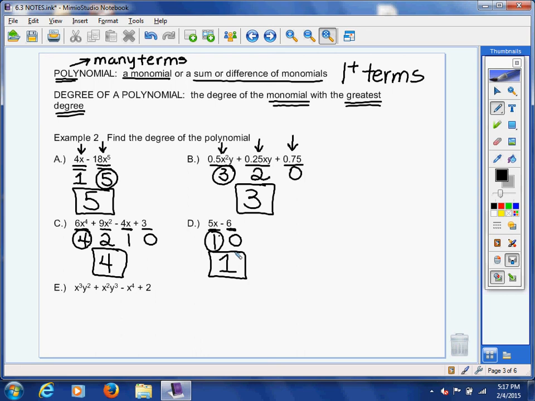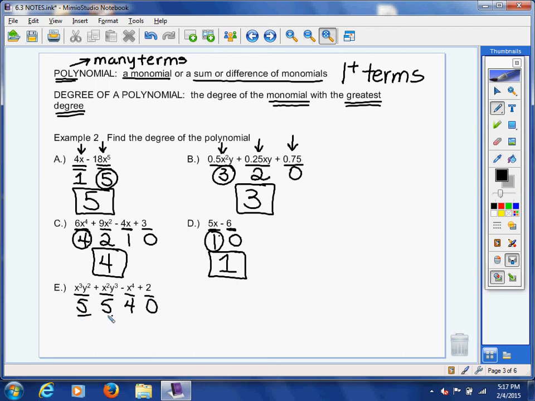All right, let's look at letter E, our last one here. So we've got 1, 2, 3, 4 terms in our polynomial. Let's figure out the degree of each of these. Let's start here. 3 plus 2, yep, that's 5. 2 plus 3, yep, that's still 5. This one's a 4, and that's a 0. Of the numbers that are listed here, which one's bigger?